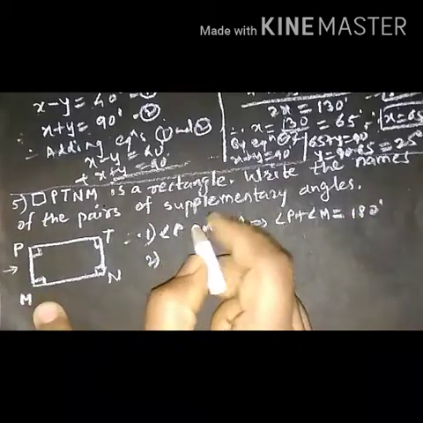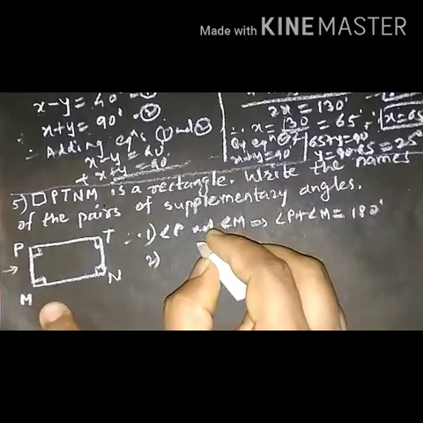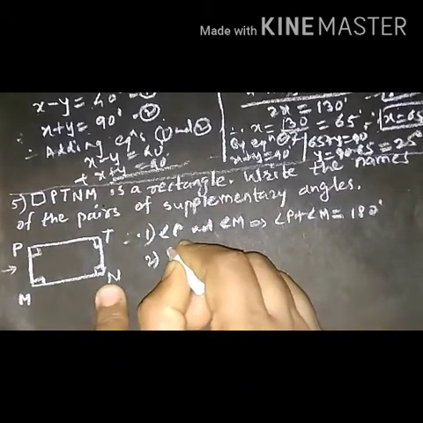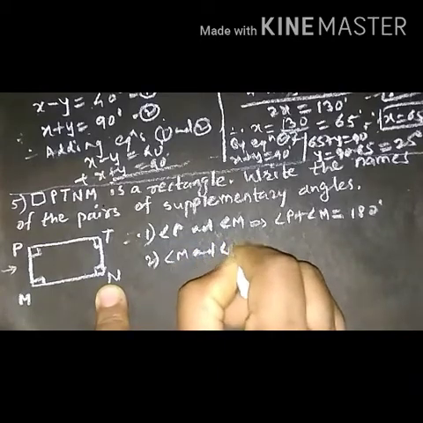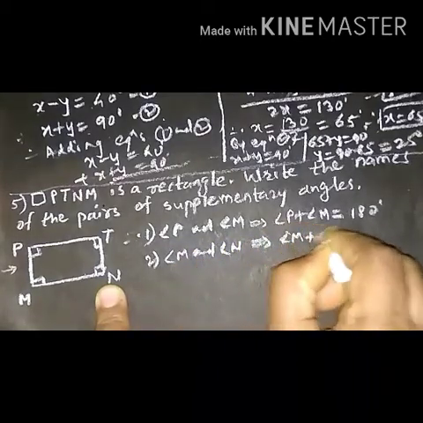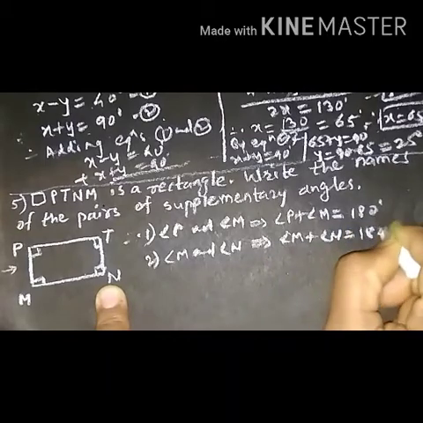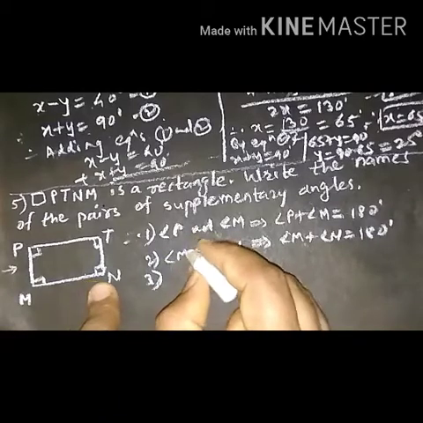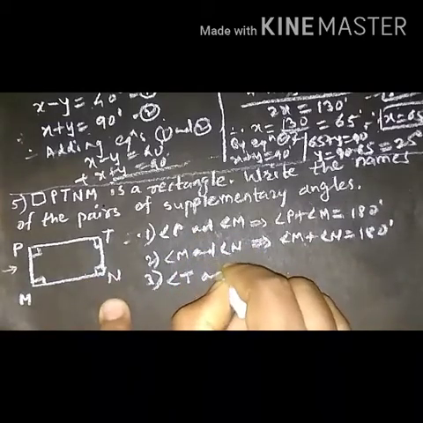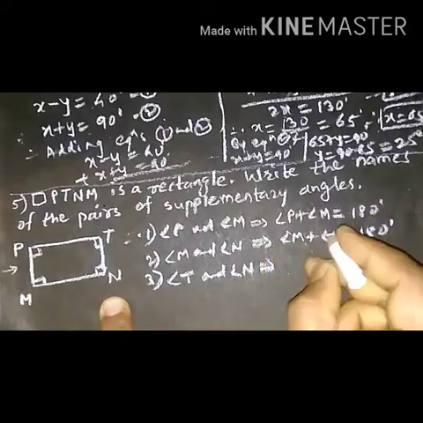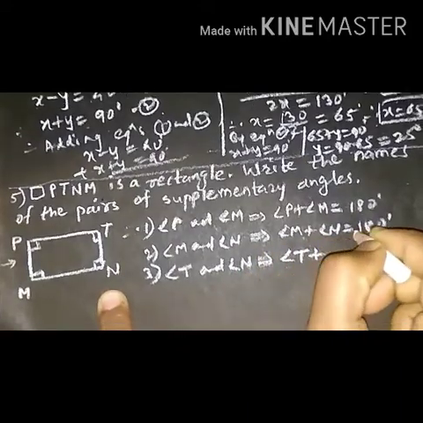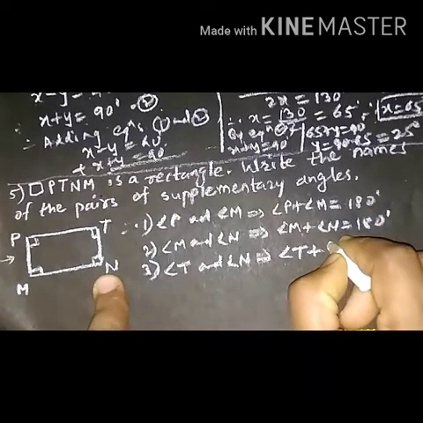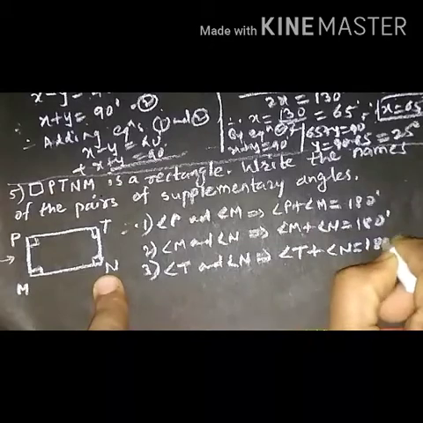Now the second pair of supplementary angles: angle M and N are both 90 degrees, therefore angle M plus angle N is equal to 180 degrees. Third pair, angle T and angle N: addition of these two angles is 180 degrees because each angle is 90 degrees. So angle T plus angle N is equal to 180 degrees.